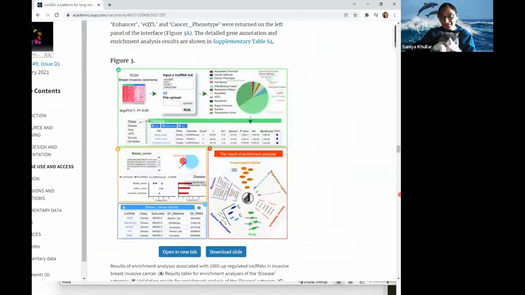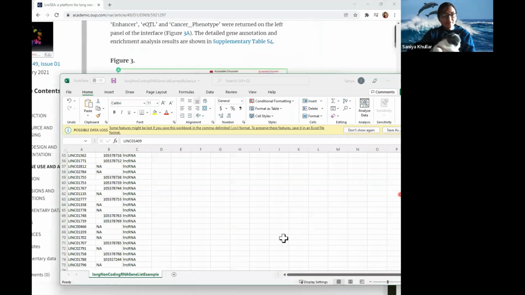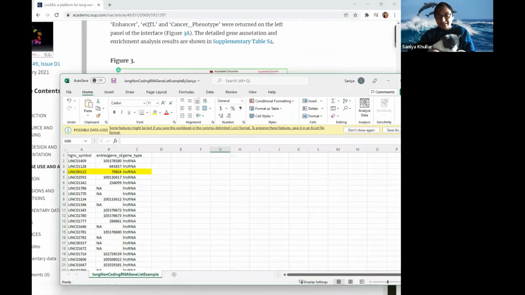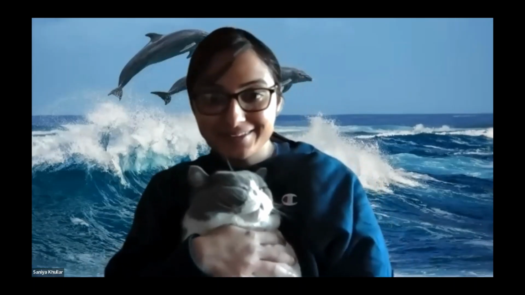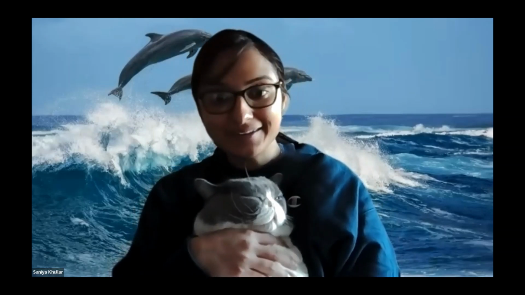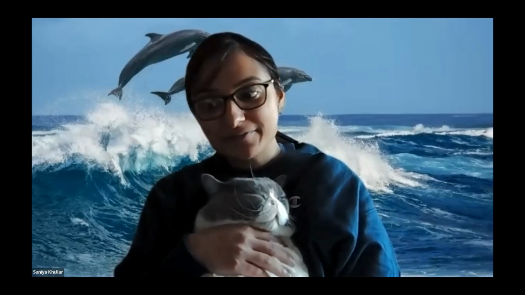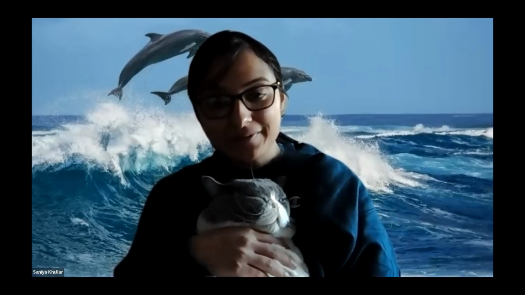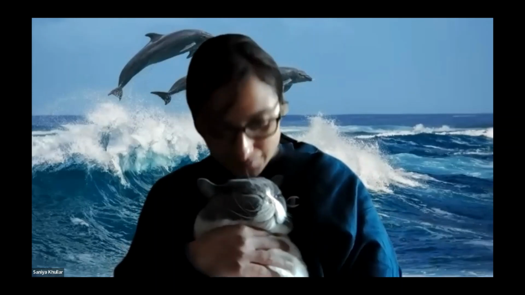So there's quite a lot. And indeed, long non-coding RNAs. I'm going to talk through some examples here as well. So I'm going to take you through the tool that they mention, and then we'll come back and talk some more about long non-coding RNAs. But there are many different types of gene products that are out there as well.